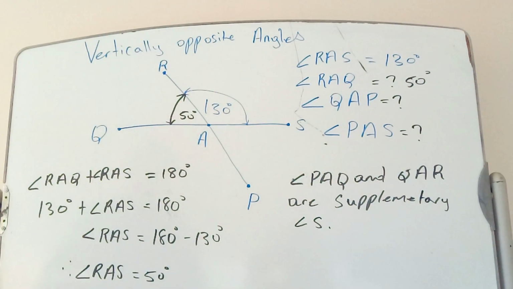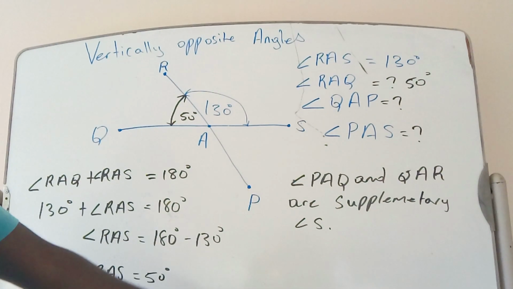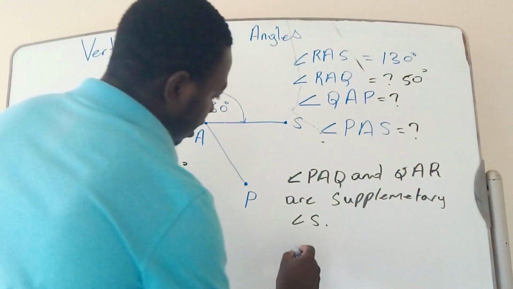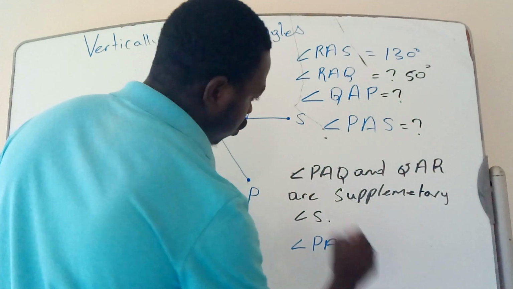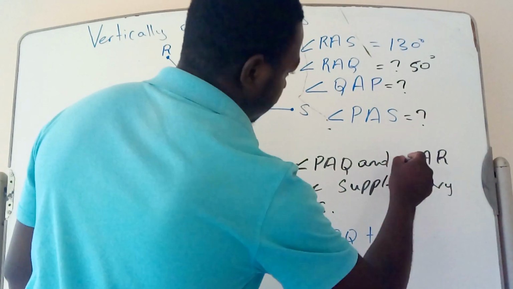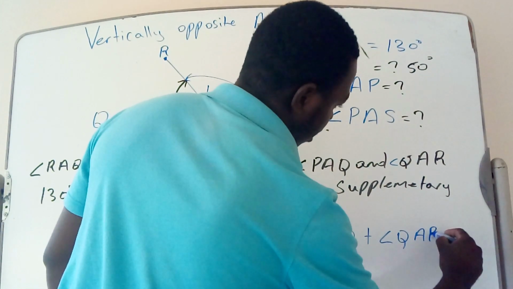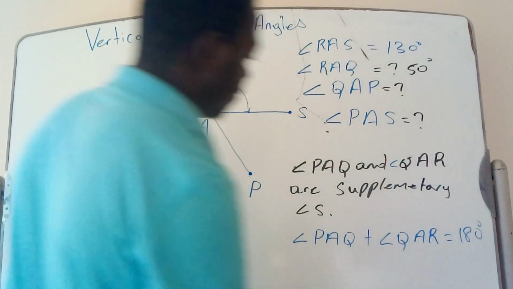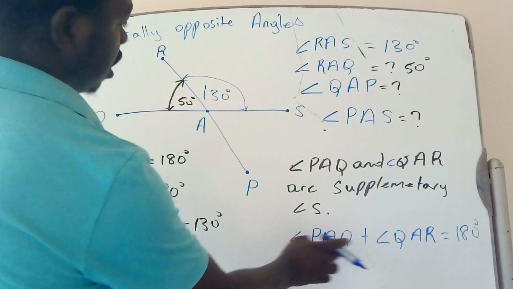We know that supplementary angles sum to give 180. So therefore, we can write an equation to say that angle PAQ plus angle QAR equals 180 degrees.